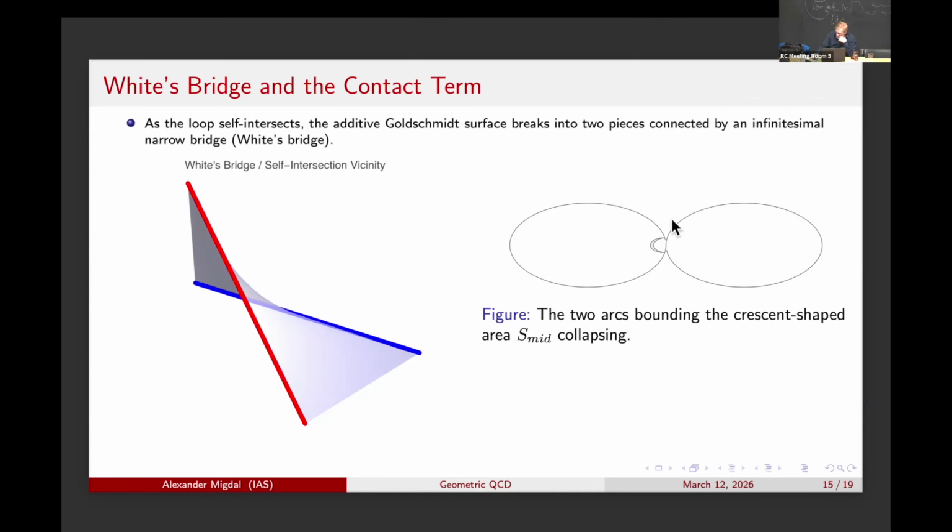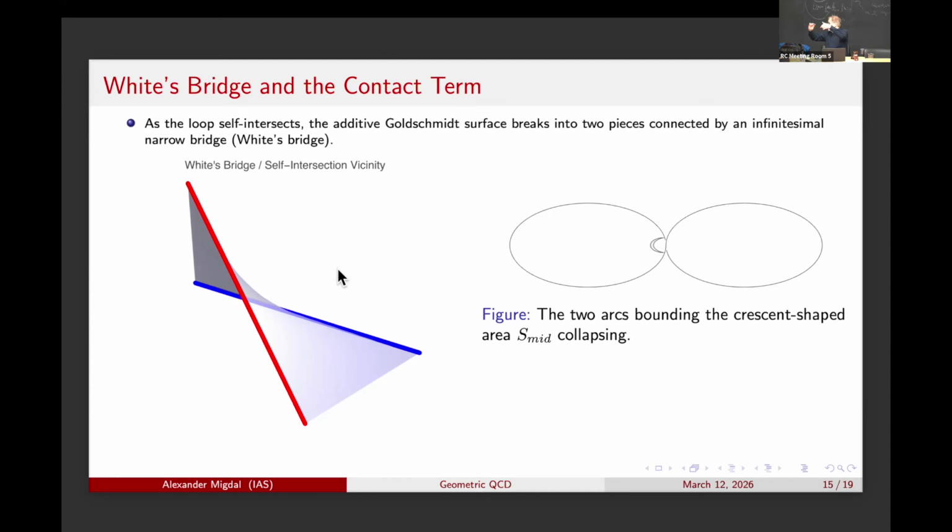The solution which I am looking for, which is called the Goldschmidt solution, smoothly moves from the single H-shaped area into an independent sum of the two. And this little thing I drew here is what's called White's bridge. There is a theorem saying that when you take an oval and rotate it until it becomes a figure 8, at some point it will intersect itself.